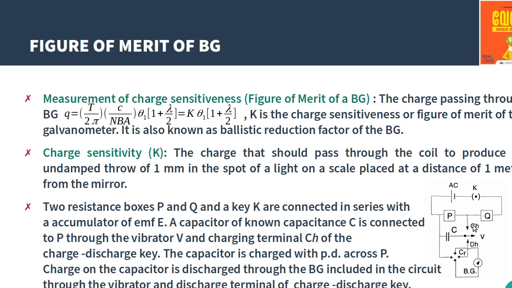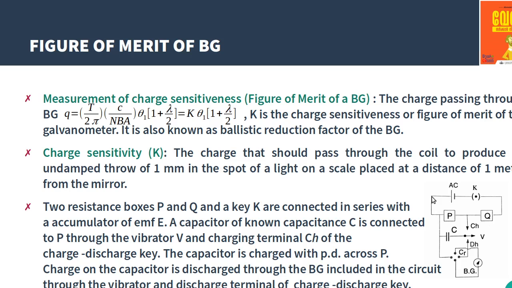Here we have a charge discharge key, which has two terminals. One is the charging terminal that I show using CH, and the other is the discharge terminal that I show as DH. That DH is connected to one of the points of a commutator. These 4 points that I show are the commutator, which I represent using CR.